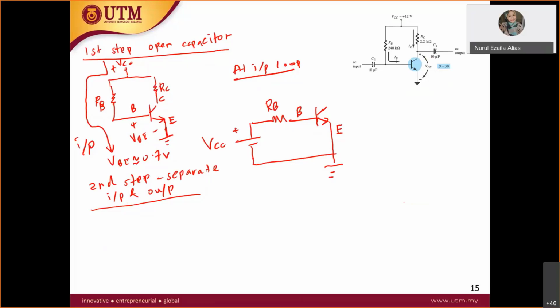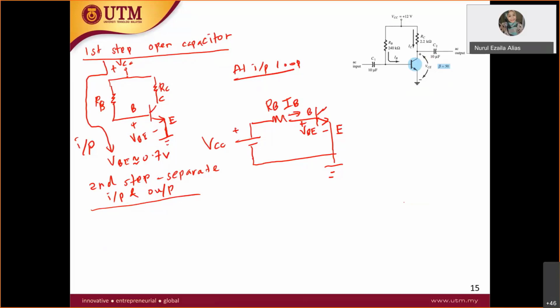Put all the parameters. You have the junction voltage VBE here, and at the input of the base you have IB here, so this is your IB.